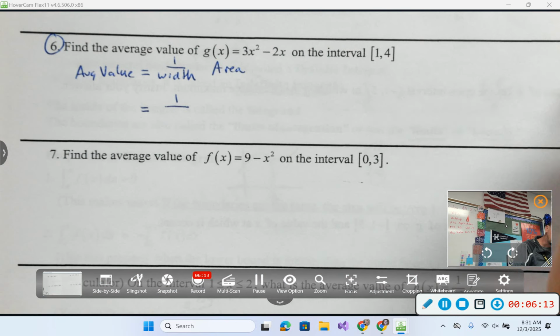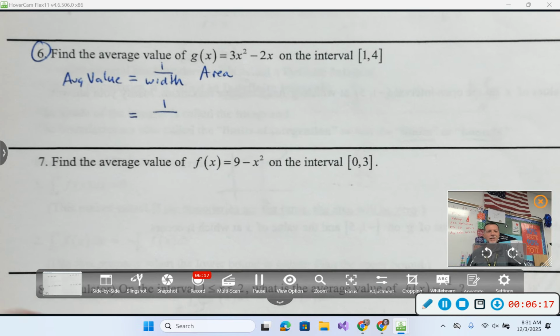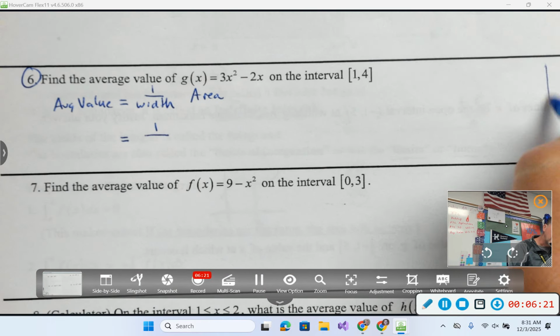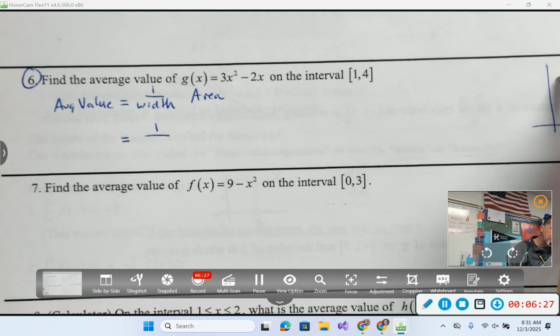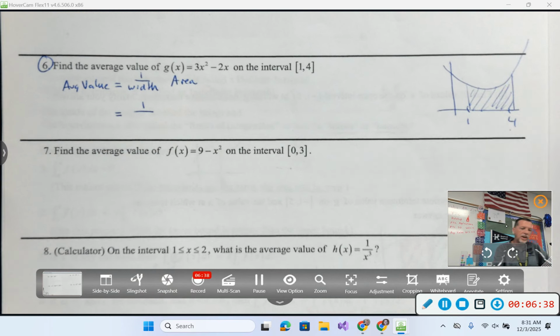Okay, the width, I'm hesitant to sketch it. Sketching it helps me see what's going on, but I don't really want to sketch it because I don't know what that parabola looks like. From 1 to 4, I have no idea what the parabola is, so I probably shouldn't be sketching this thing. But it helps me think about how to find the average height.